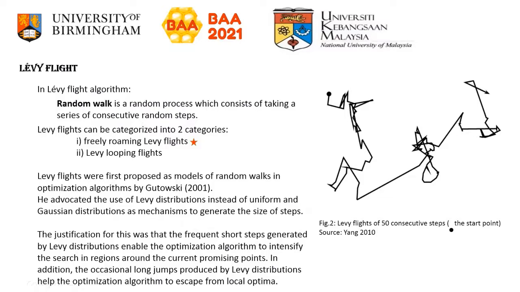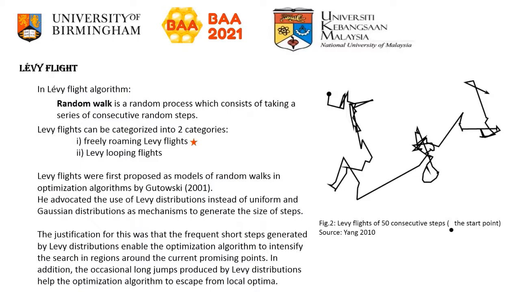We can categorize it into two categories: freely roaming Levy flights and Levy looping flights. The one I marked with a star shows that this paper is going to concentrate on freely roaming Levy flights.